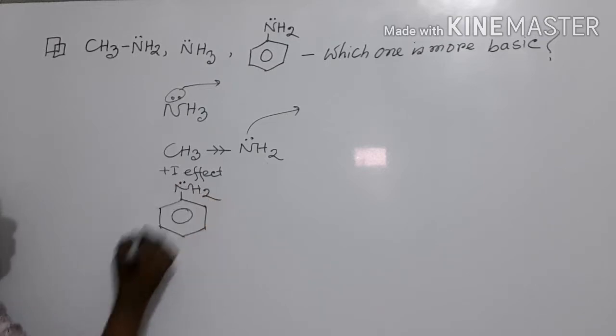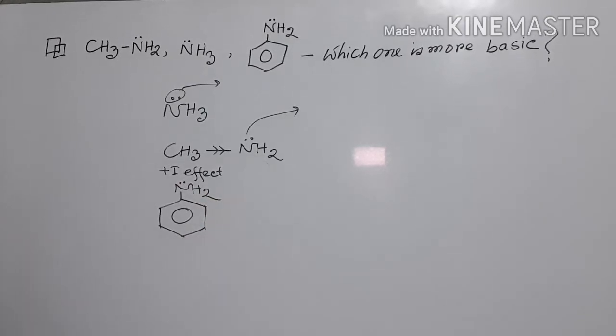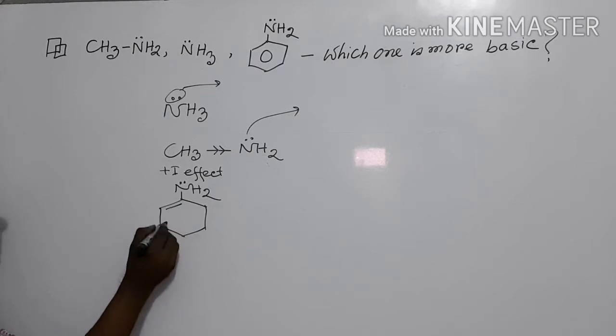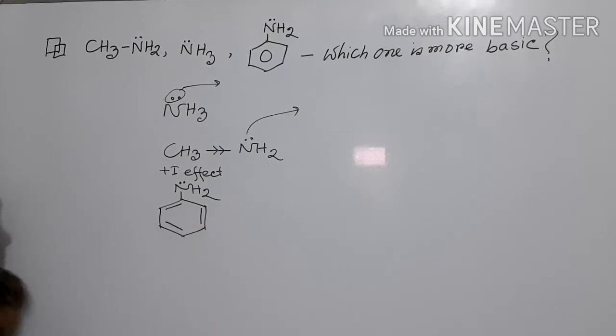here also nitrogen contains one lone pair of electrons, but this lone pair is used in resonance of the benzene ring.